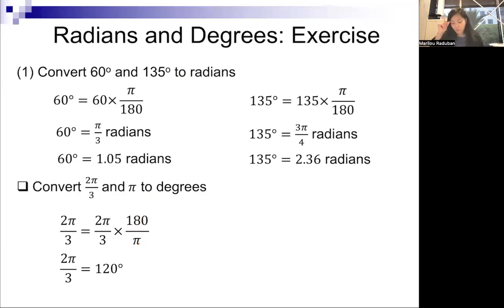If you're having trouble getting 120 degrees, try to put brackets in your calculator like this.